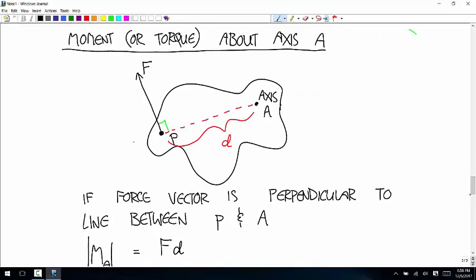So if you think about this example, if you applied a force at this point P here, and this thing rotated around an axis there, would a force in that direction, think about just tapping this body with a hammer at that place, make it rotate clockwise or counterclockwise? In this case, it would rotate clockwise, so you would calculate the magnitude as the force times d, and then you make it negative because it's clockwise.